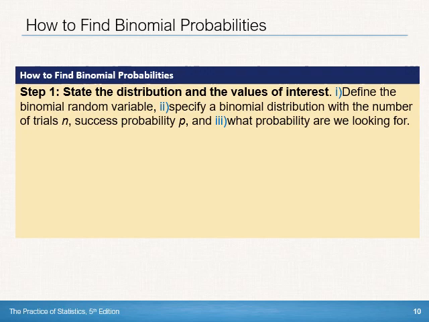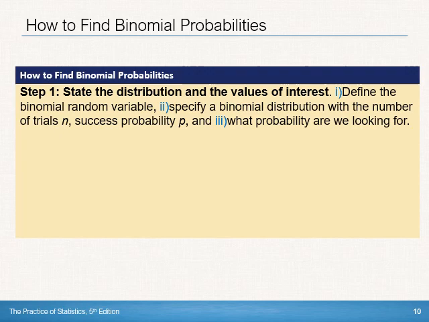All right, so we are going to use our three-step process, just like we learned in the last section on random variables. Here, we're going to apply it to binomial random variables. The first step is to define your binomial random variable.